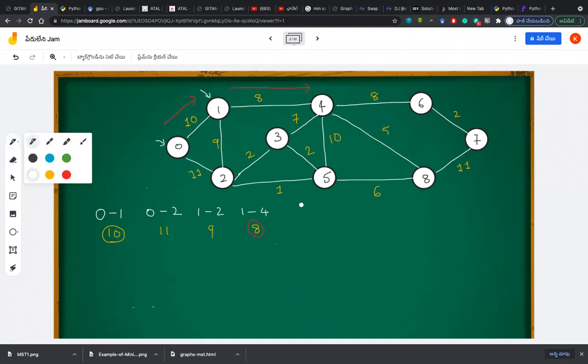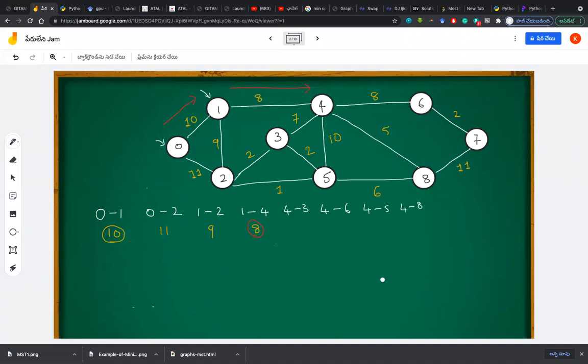Now tell me, what are the edges that I consider? 4 to 3, 4 to 6, 4 to 5, and 4 to 8.